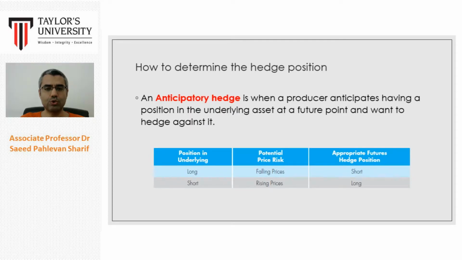Now I want to show you the most important slide for futures contracts. If you want to answer a question on futures contracts, if it's about hedging, the very first thing you need to know is to identify the position on the underlying asset. You remember futures contracts have two parties: one party buys, or goes long the contract, and another party sells, or goes short the contract.